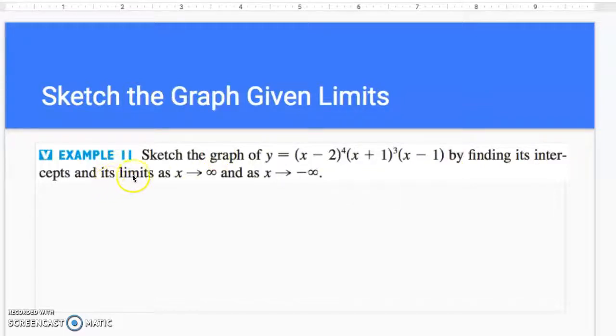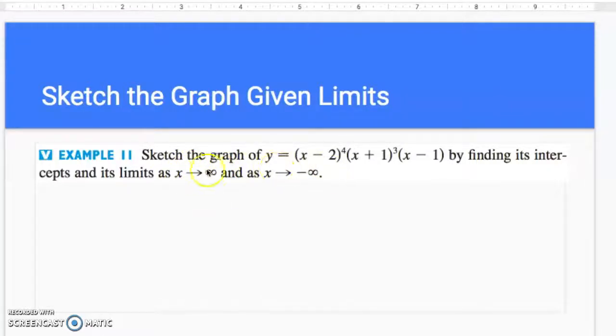And then when they add these limits at infinity, this is telling you what happens on the far left side of the graph. So is the arrow going up or down? And this tells you what's happening on the far right of the graph. Is the arrow going up or down on the right?